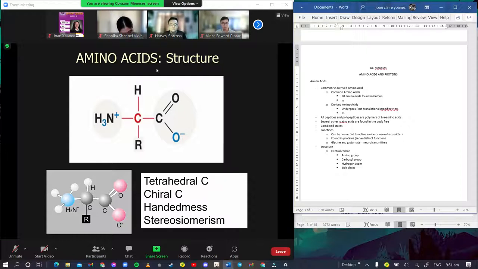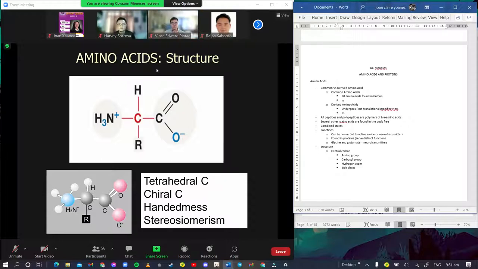What do you mean by tetrahedral? So there are 4 substitutions, right? Okay, you mentioned that already. So what is the meaning of chiral carbon? What are you looking at attached to the alpha carbon?